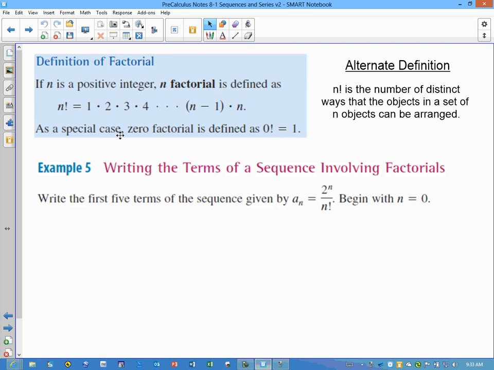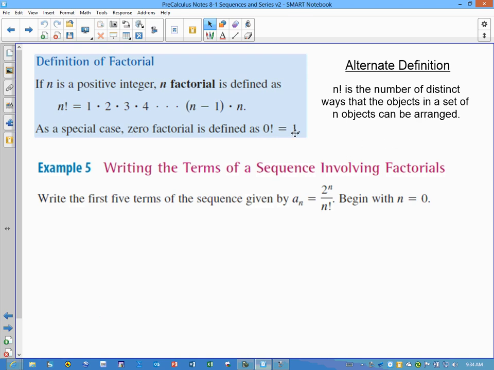However, there is an alternative definition that I sort of prefer because it gives more meaning to 0 factorial. The alternative definition, which I've given you, is that n factorial is also equivalent to the number of distinct ways that the objects in a set of n objects can be arranged. For example, let's say you have 3 distinct objects in a set.